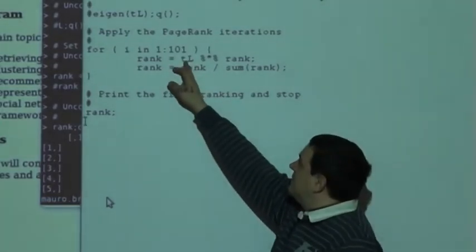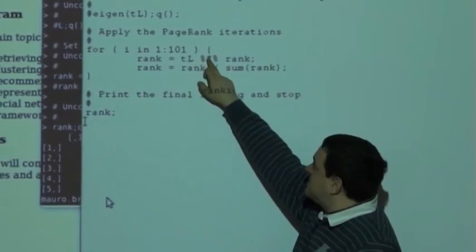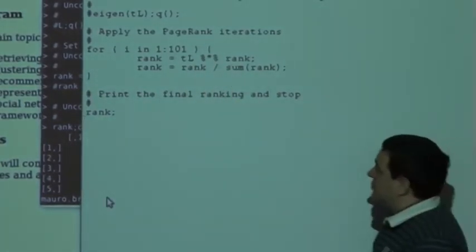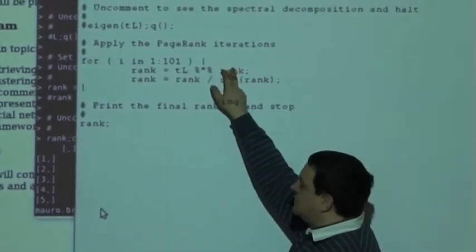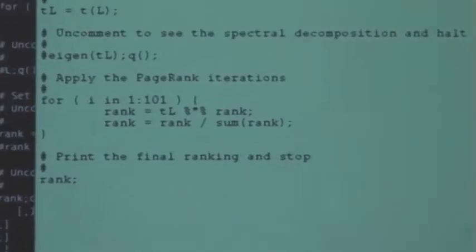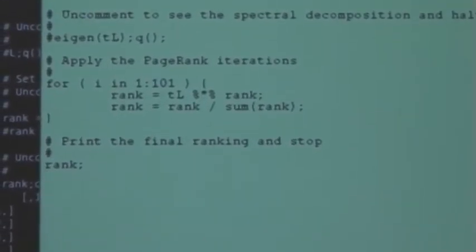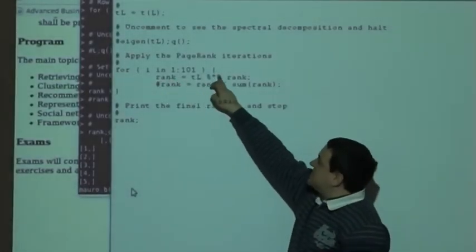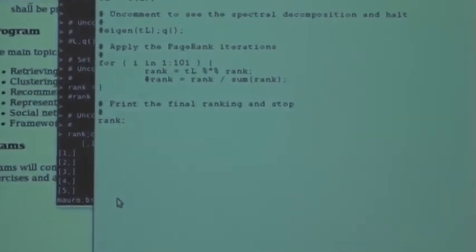And we do it in a very simple way. We take the matrix multiplication, percent star percent. So here we are actually computing P equal to the matrix product of the matrix and P. We do it a lot of times. So the basic iteration of PageRank is just repeating this line, applying again and again our matrix to the vector.